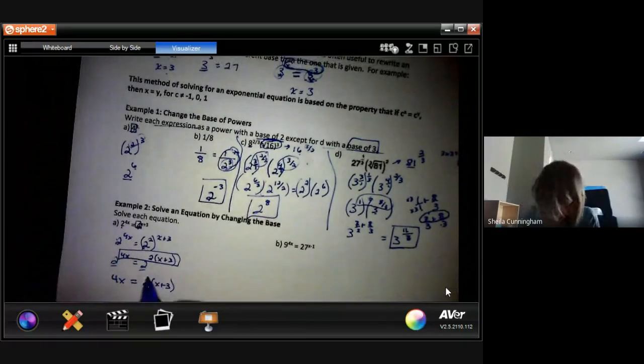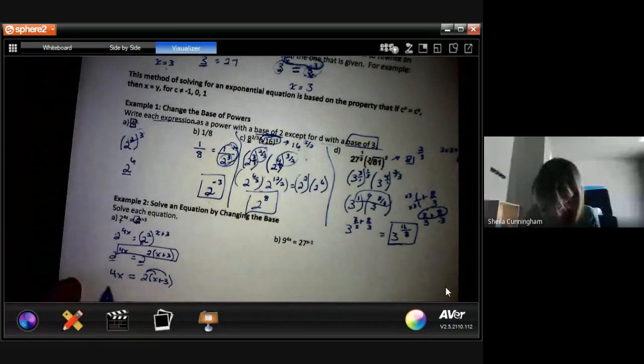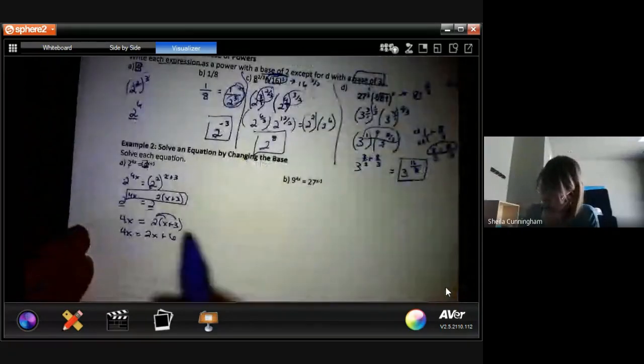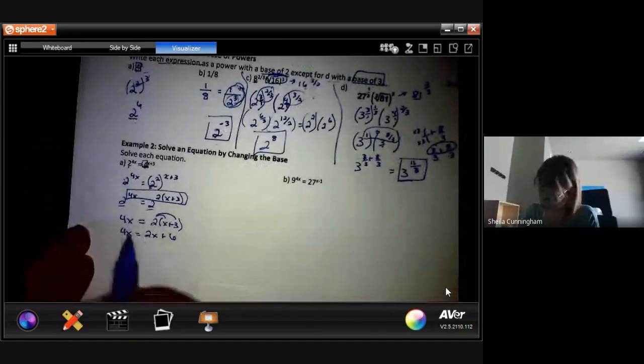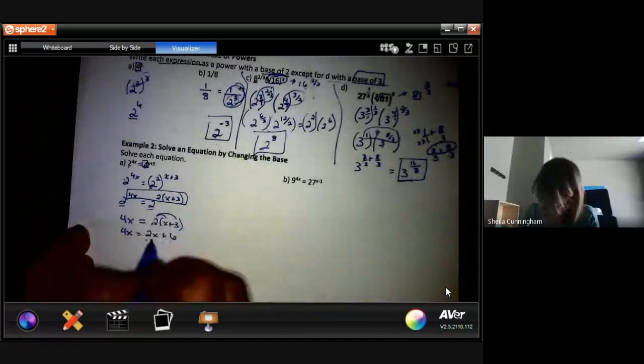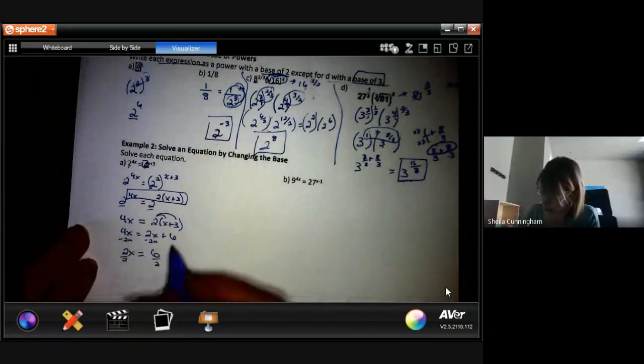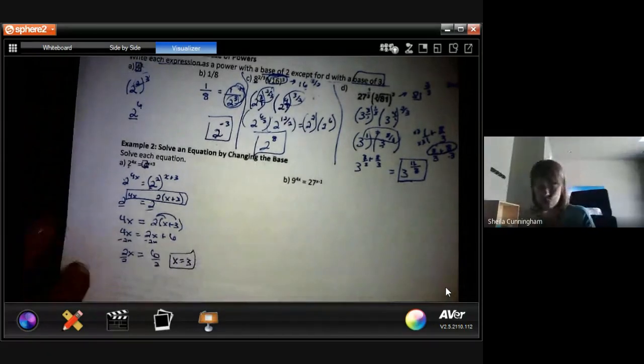I'm going to distribute the 2, which gives me 2x plus 6. Then I've got to get my x's together over to one side, so I subtract the 2x over, which gives me 2x equals 6. My last task, divide both sides by 2, and I get x equals 3.